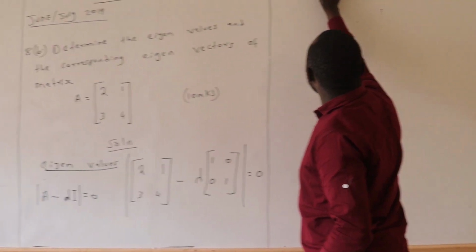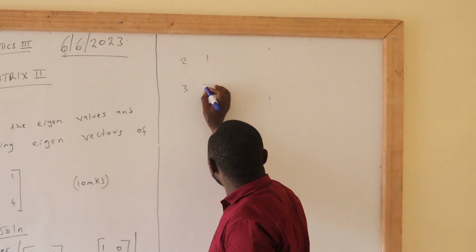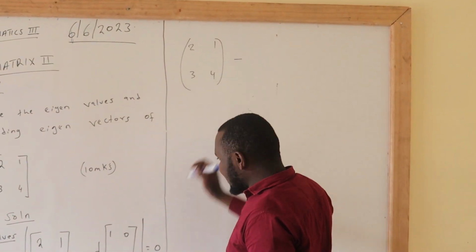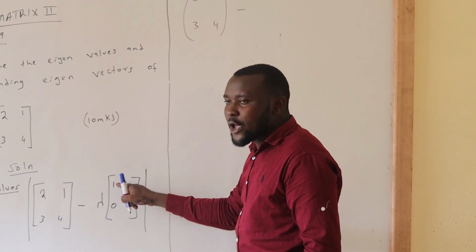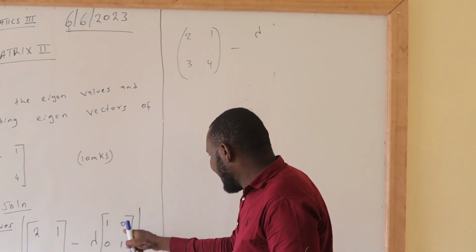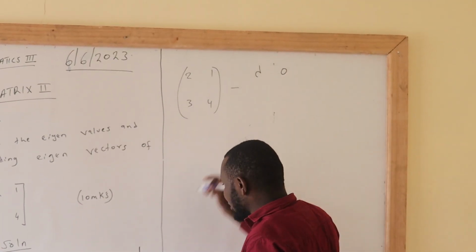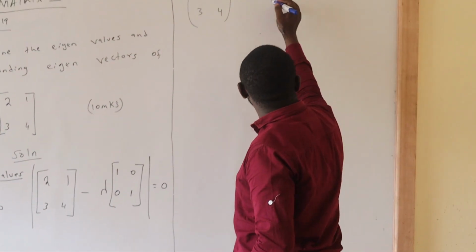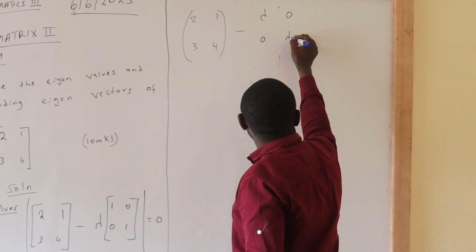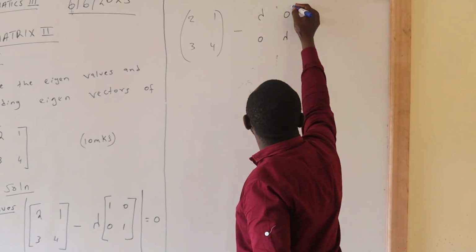So mathematically we have 2, 1, 3, 4, close the bracket, subtract lambda multiplied by 1, 0, 0, 1. Lambda multiplied by 0 is just 0, lambda multiplied by 1 is our lambda. Very good.